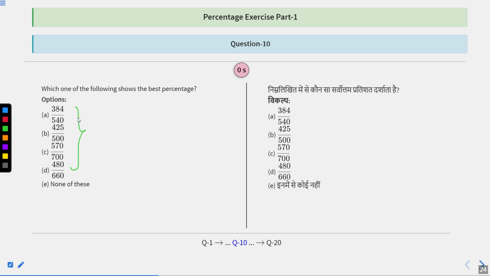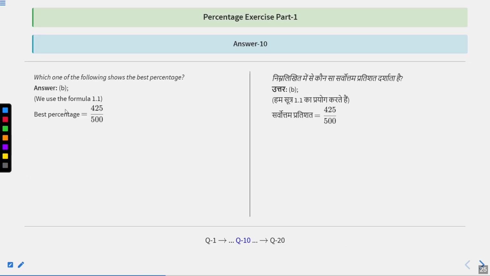Now time's up. Let's see the solution. In this question, the percentage value will be highest where the difference between numerator and denominator is the least. So just calculate it. When you solve it, you get the answer: 425 upon 500 gives you the best percentage value.